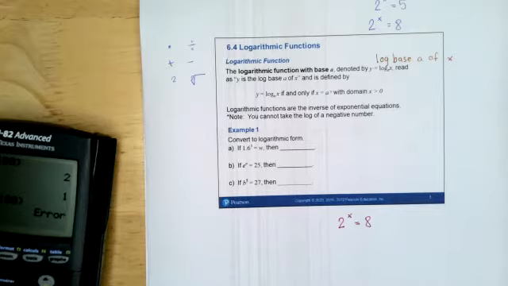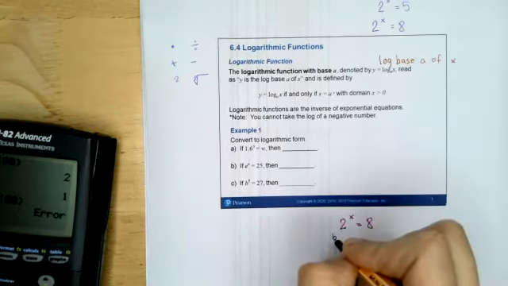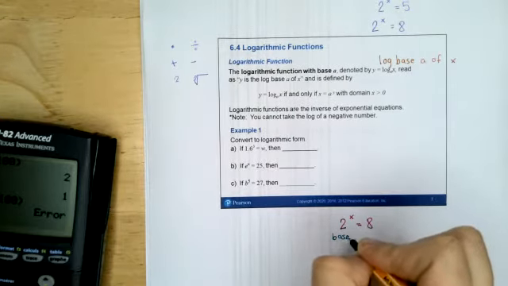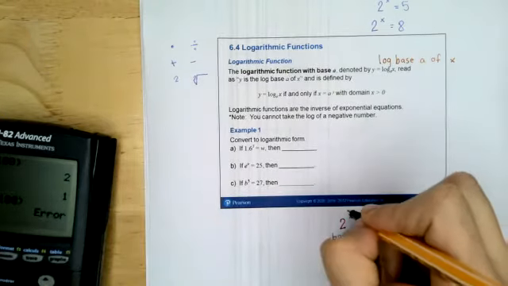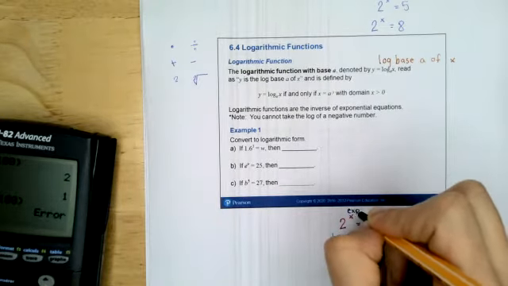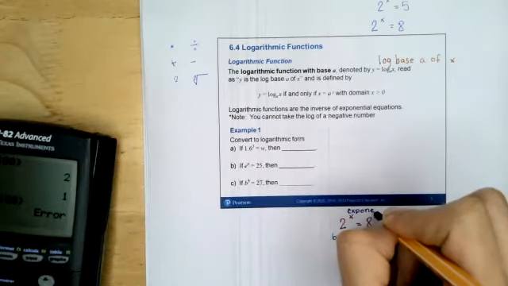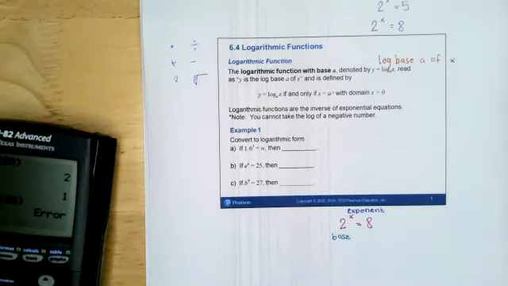All right, so if we had 2 to the power of x is 8, and I want to convert between exponential form and logarithmic form, let's talk about what each part is. This is the base, right? And this is the exponent. What you need to do is start with the base and move it in a circle.